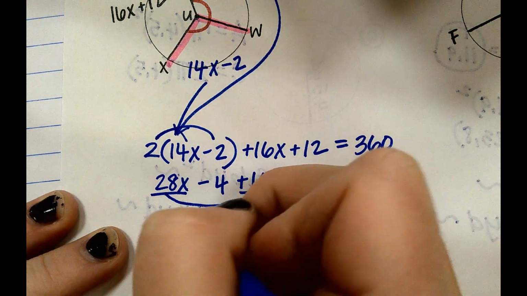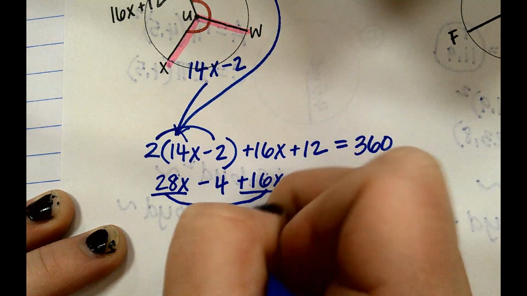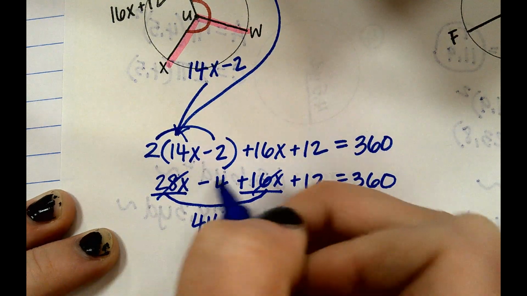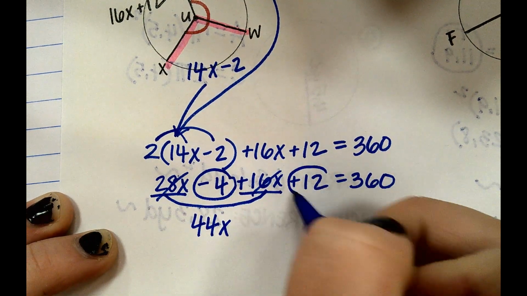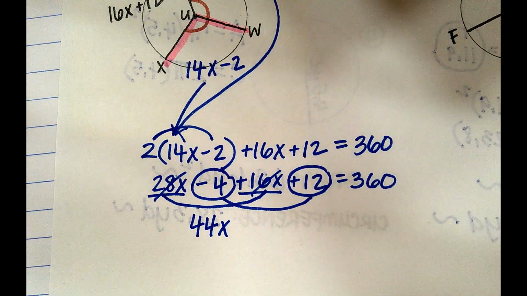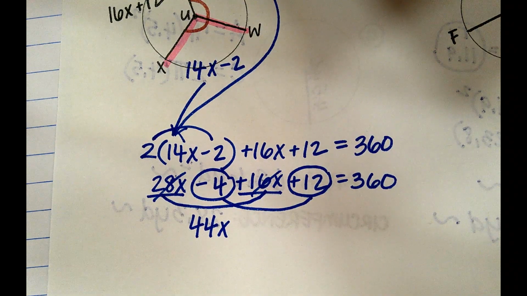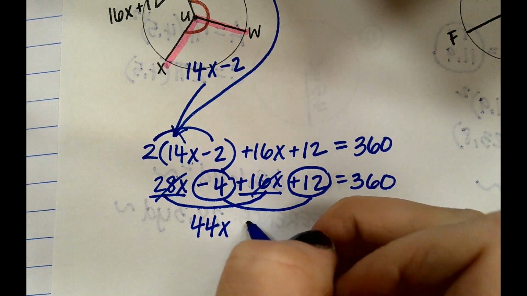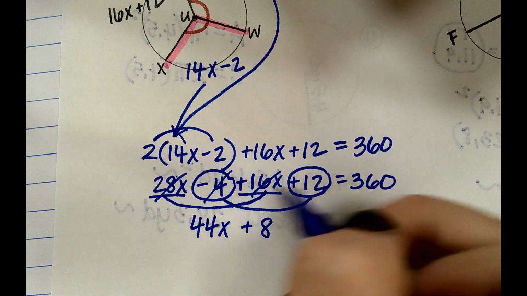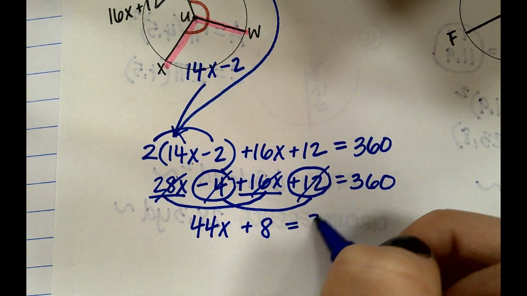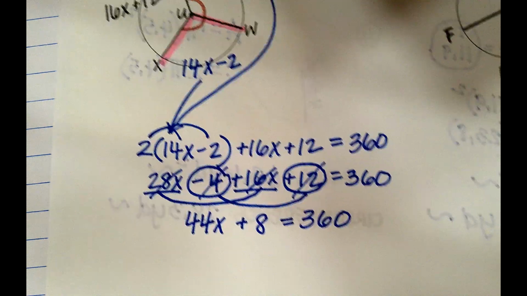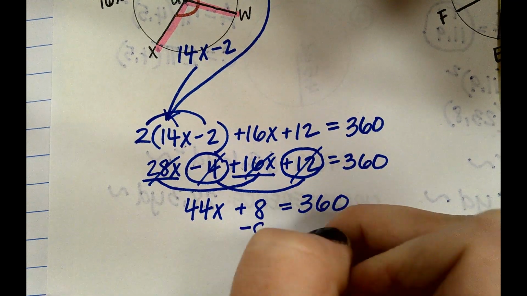That is correct. 44x. And then minus 4 plus 12 is positive 8. So plus 8 equals 360.